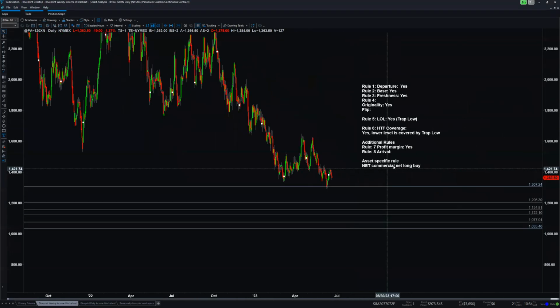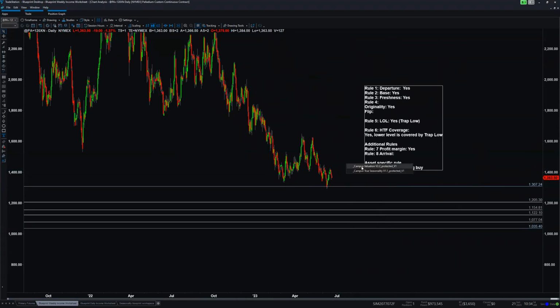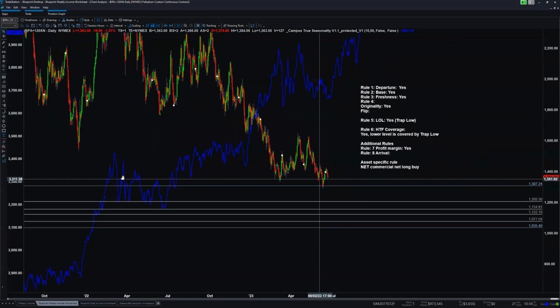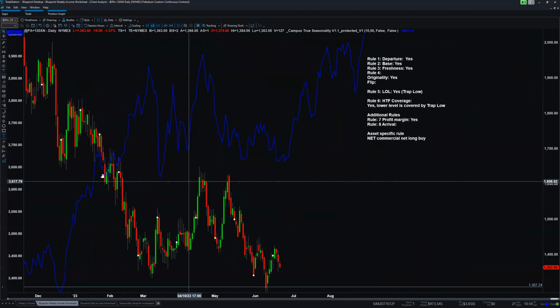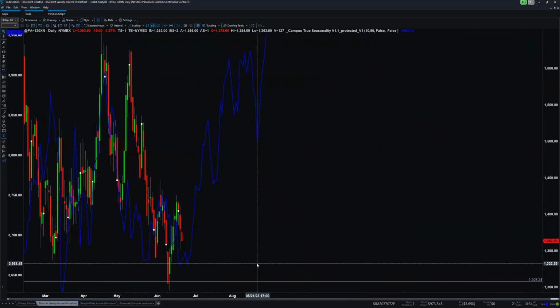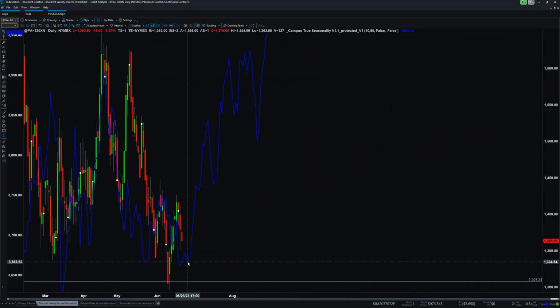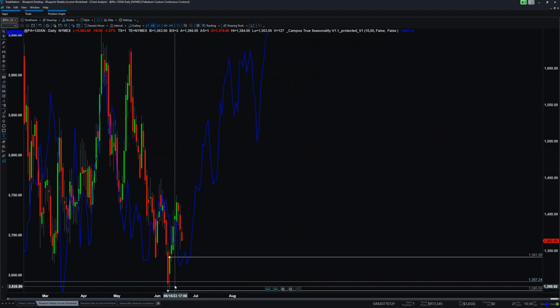Or alternatively, we're going to say, well, price should be turning here somewhere, and then if price is here, I'm going to look at daily demand, and you're going to buy the first daily demand.